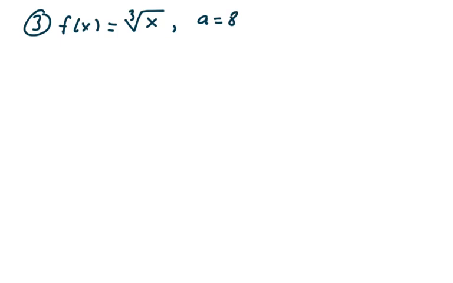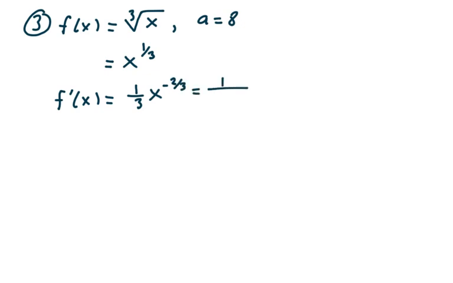And now, cube root of x can be written as x to the 1/3. Okay? And so we need the derivative. F prime of x is 1/3 x to the negative 2/3, which is 1 over 3x to the 2/3. Okay?